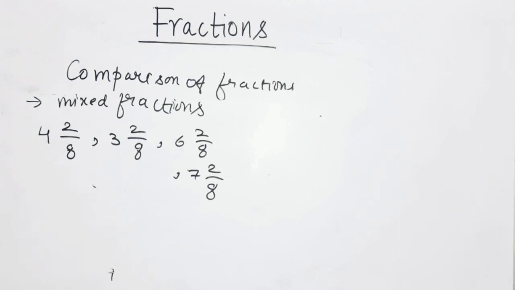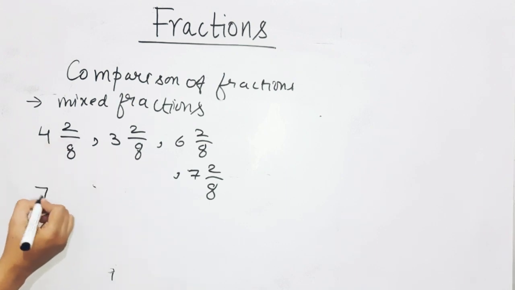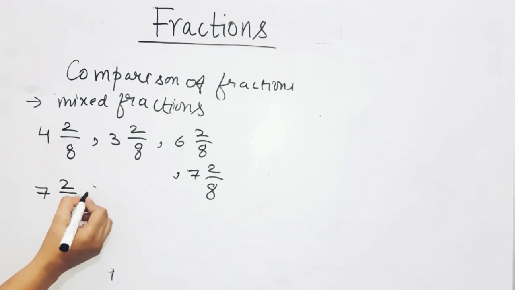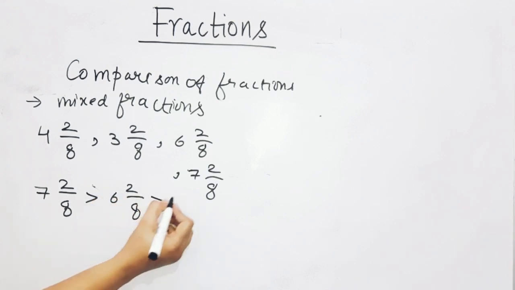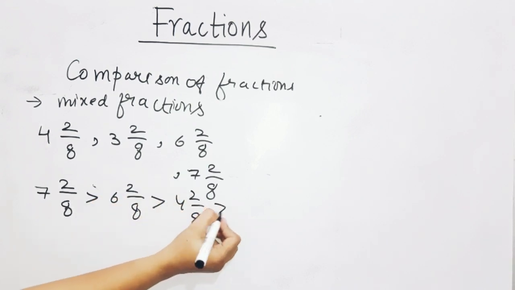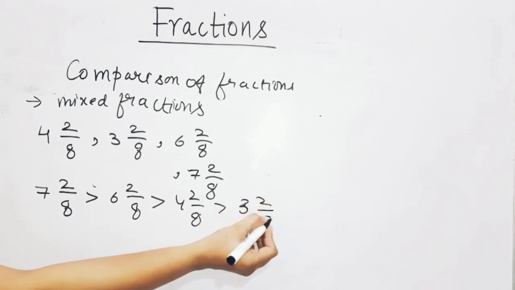So the whole part is 4, 3, 6, 7. Which number is greater amongst 4, 3, 6 and 7? Obviously 7 is greater. So it will be like that: 7 2 upon 8, then 6 2 upon 8, then 4 2 upon 8, then 3 2 upon 8.